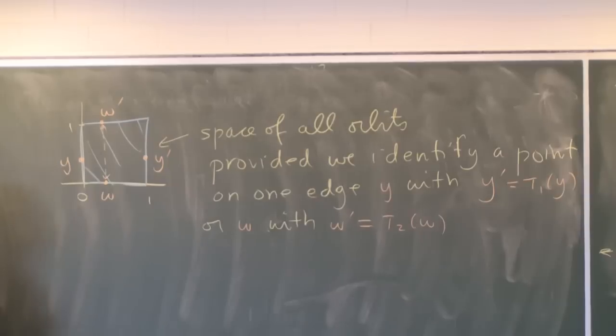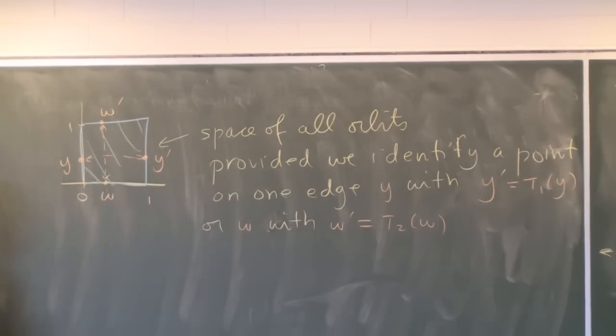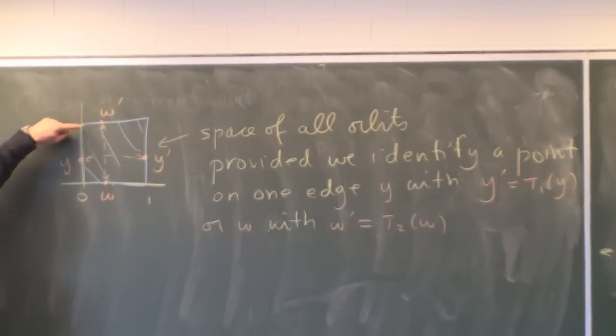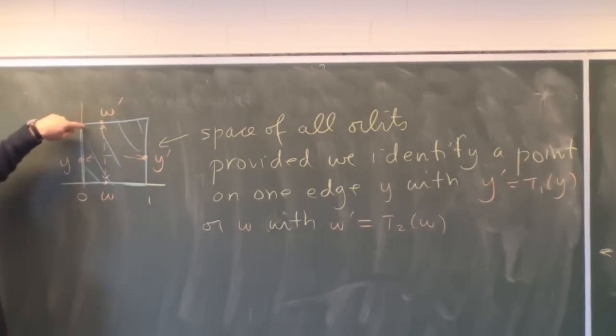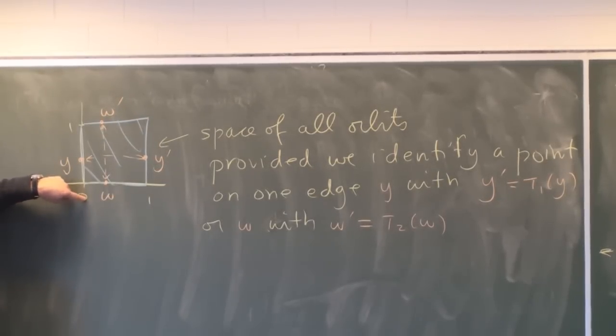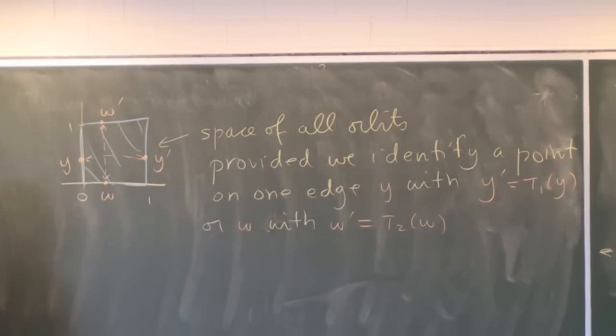It means we basically want to glue them together. And we want to identify these 2 points. We want to glue them together. And that includes the special case of the corner, because then the corner has to be identified with that because of that first rule, and also has to be identified with that by the second rule. So the corner will be identified with all the other corners.